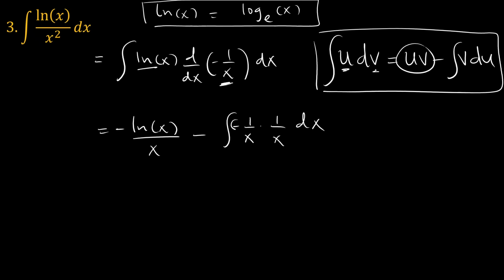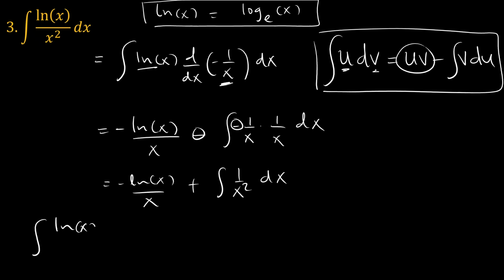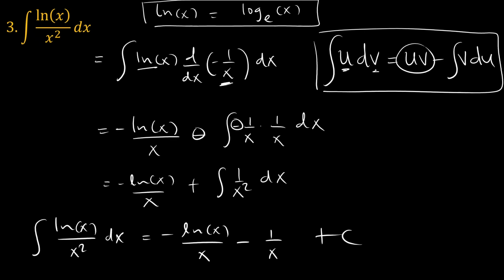Okay, so this negative and this negative will interact, so we have plus 1 over x squared, and so our problem here is the same as negative natural logarithm of x over x minus 1 over x plus the integration constant. The integration of 1 over x squared is negative 1 over x, and that is our solution.